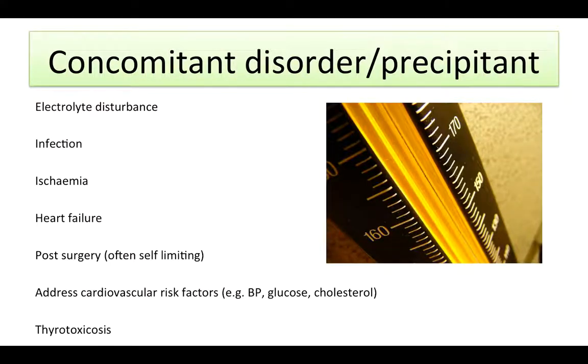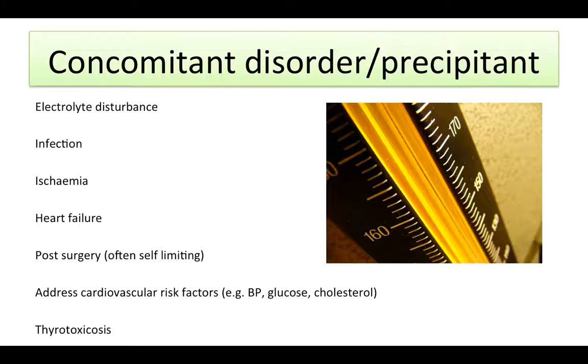Okay, so the last aspect of the management of atrial fibrillation is to look at any concomitant disorders or any precipitating factors. So you check for electrolyte abnormalities and correct them as appropriate. Look for signs of any infection, treat that.